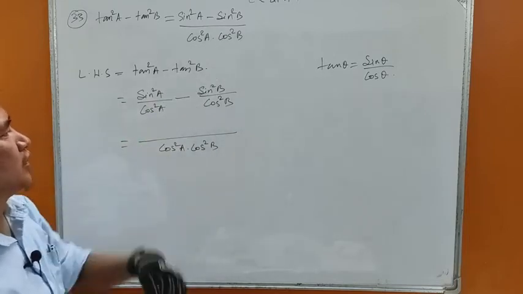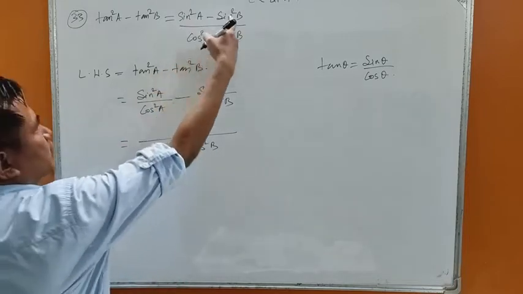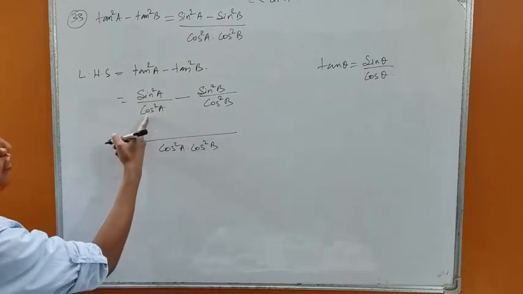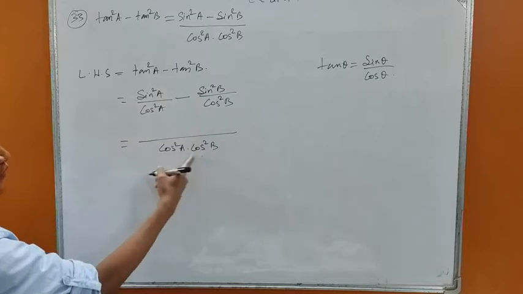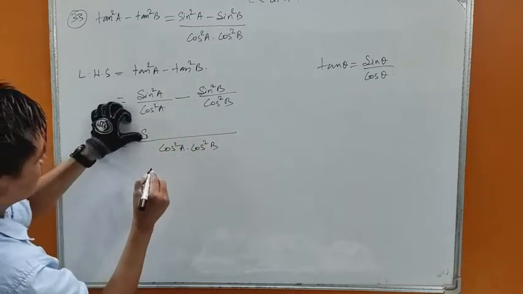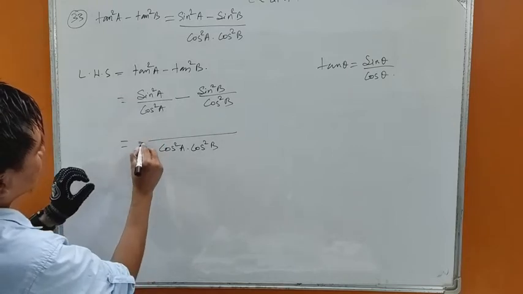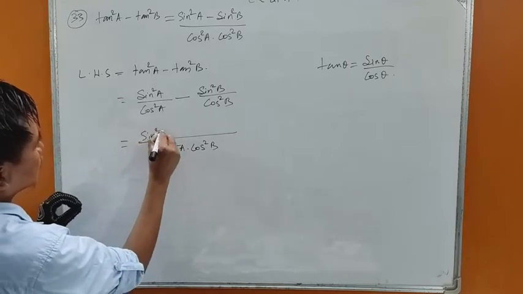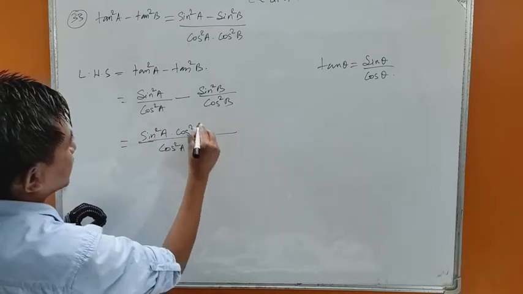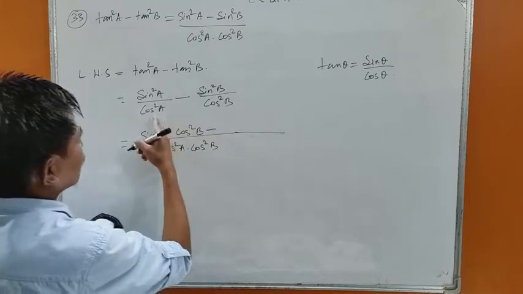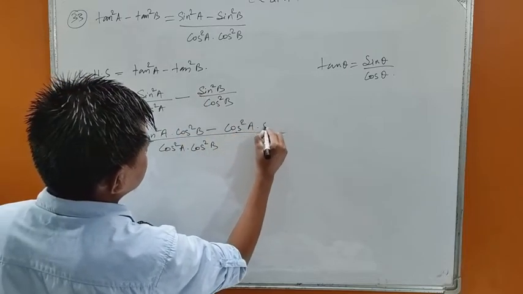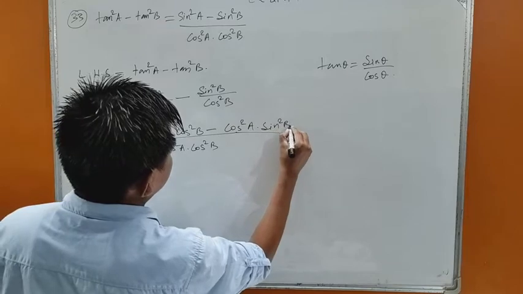So we have this. Now let's multiply this and this, because cos square a into cos square b gives this. So cos square b into sin square a, that is sin square a into cos square b, minus cos square a into sin square b.